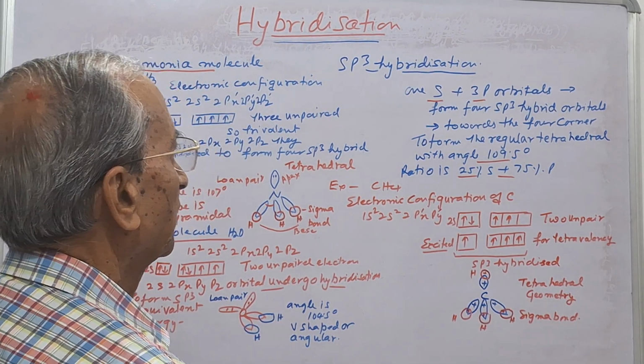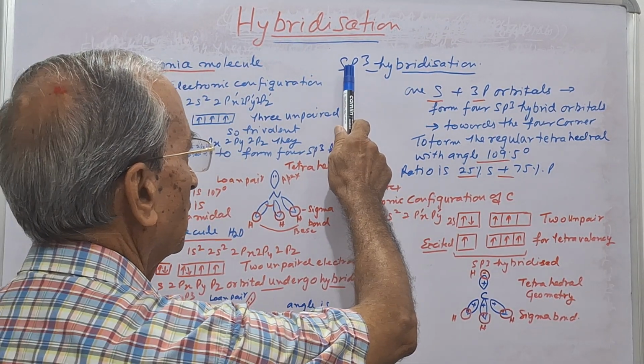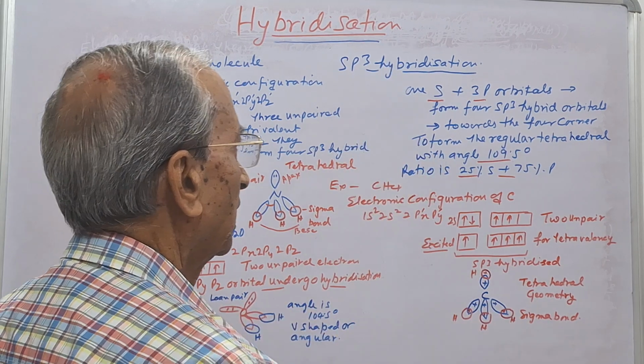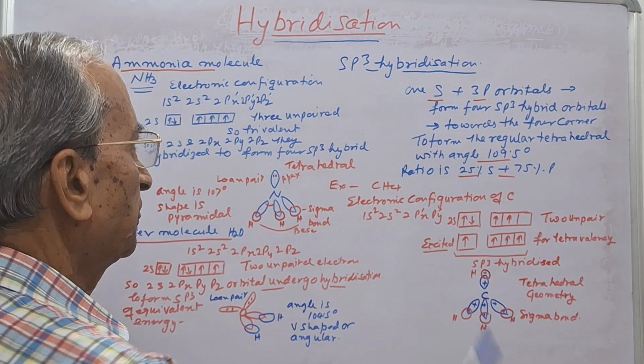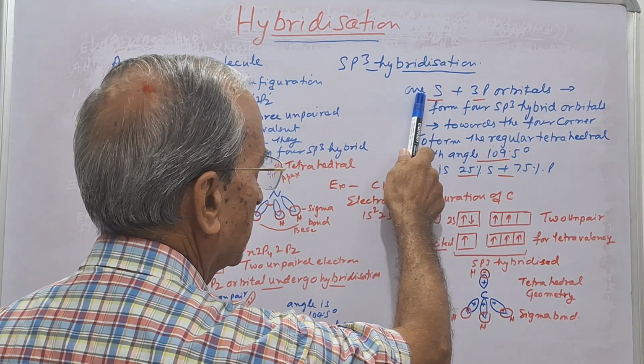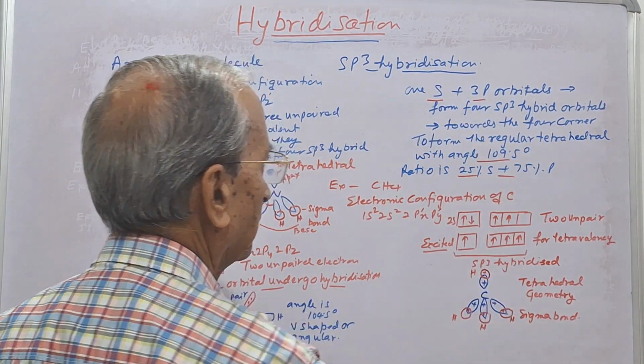Now today I will explain sp3 hybridization. sp3 means one s and three p orbitals.